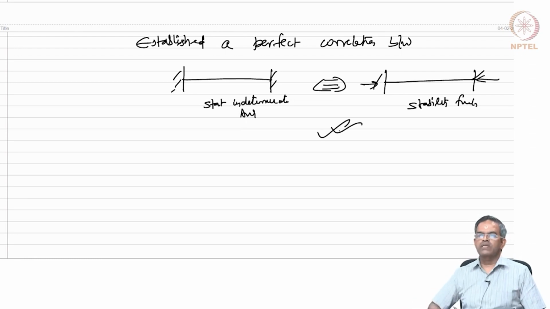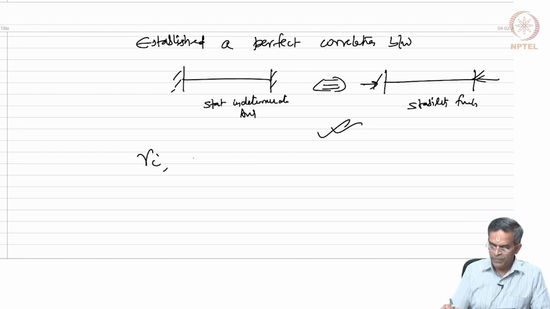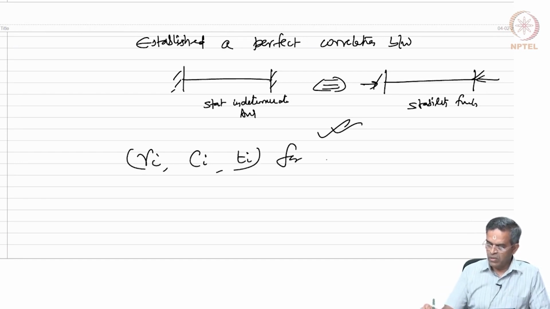That is a perfect correlation, isn't it? So, this has got to be clearly understood, and one can also plot these Ri, Ci and Ti values for different phi.